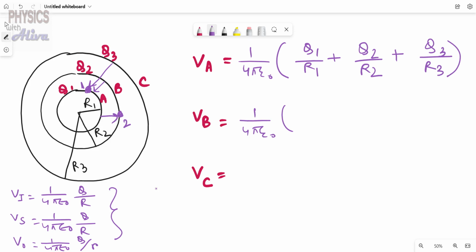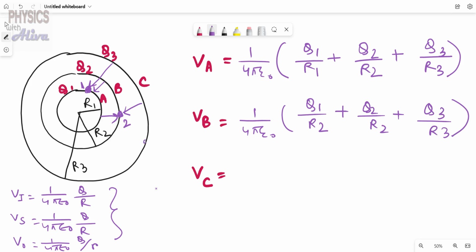For sphere B, this is on the surface. And for sphere C, this is the inside point. So for sphere A we write Q1 divided by the distance of the point from the center, that is R2. For sphere B, this is the surface point, so Q2 divided by R2. And for sphere C, this is the inside point, so Q3 divided by R3.